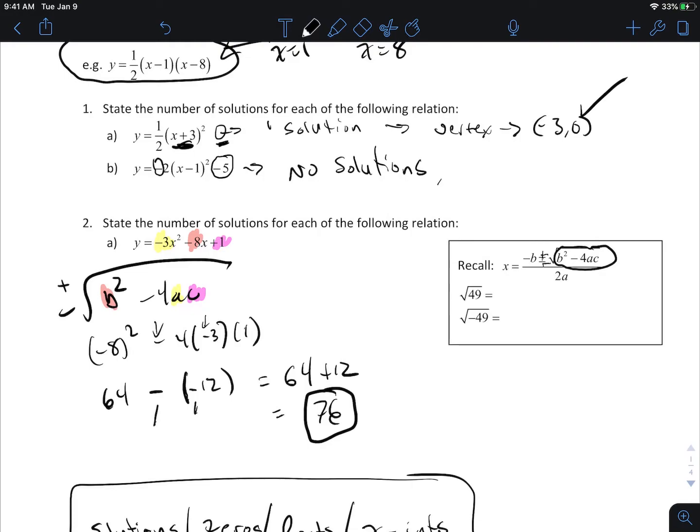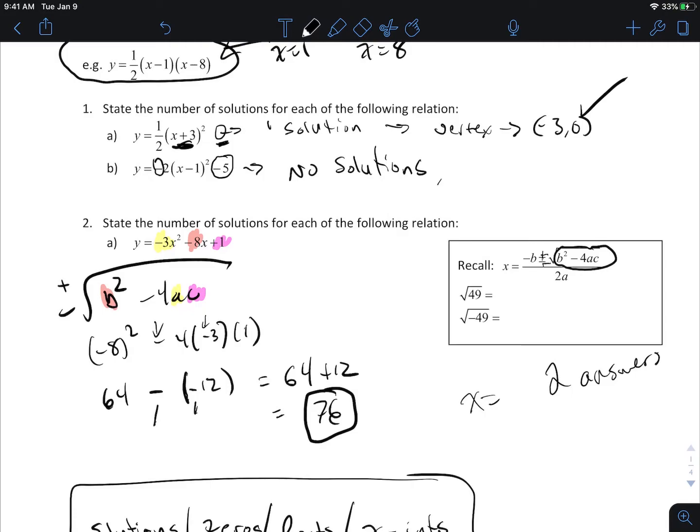So I'm going to get two answers for x. When I go to solve for the roots, I'm going to have two of them, right? Because I'm going to have a -b minus 76, and I'm going to have -b plus 76.